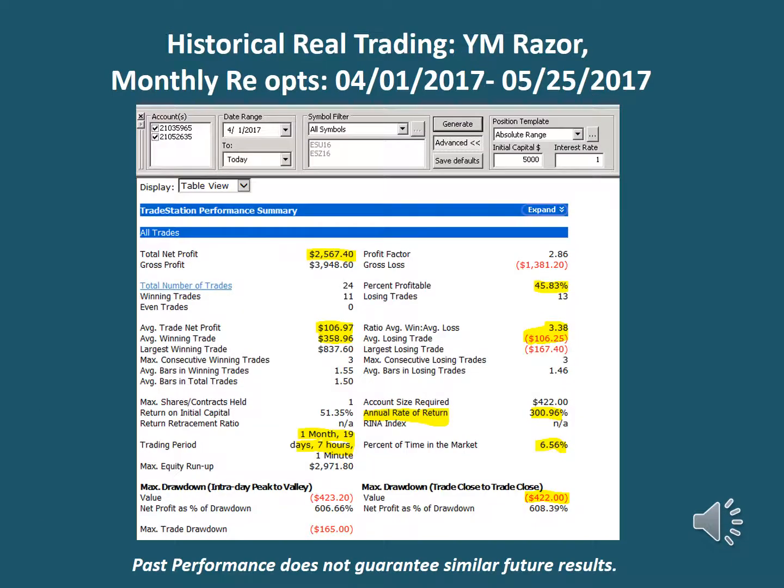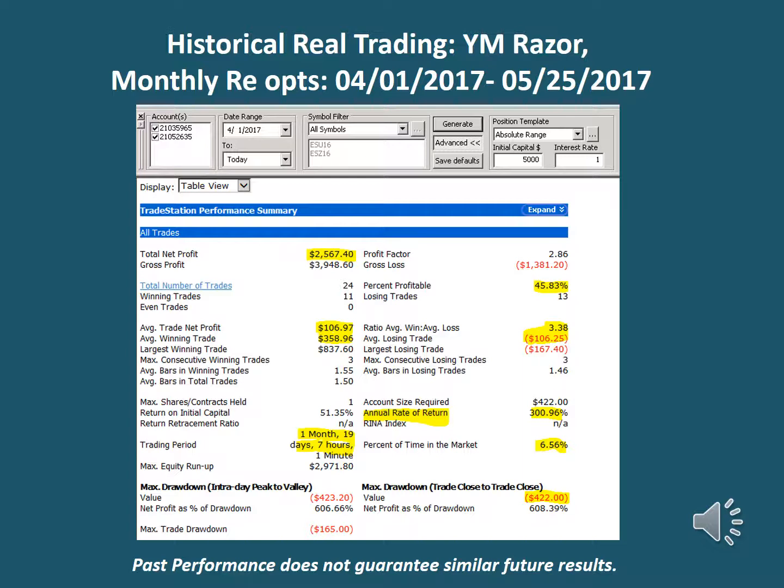Well, here are the real results since April 1st through today. It shows me trading the mini Dow with Razor, and this is with the slippage and the commission and everything that's real that's happened, with recalibrations, etc. So it's made $2,567 on 24 trades. Average trade $106. Average winners $358.